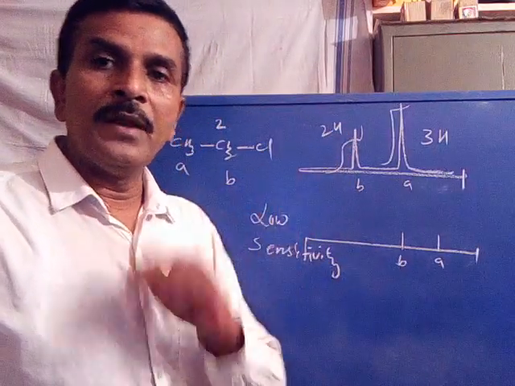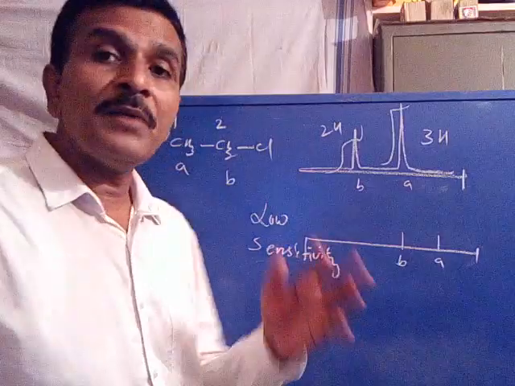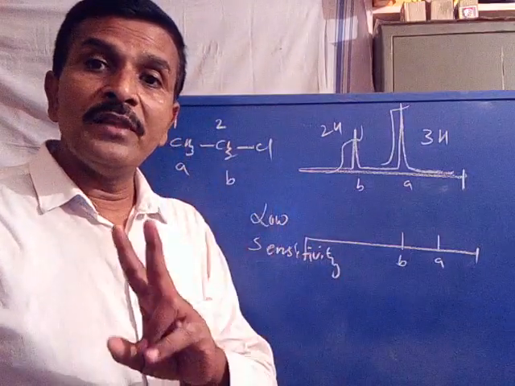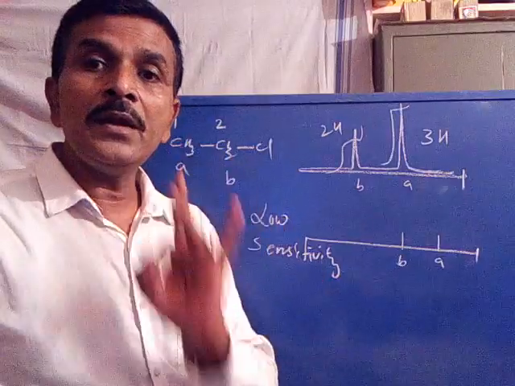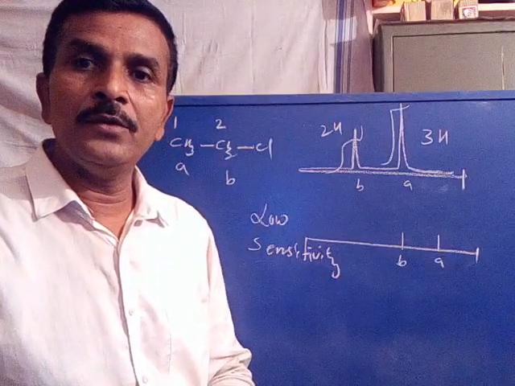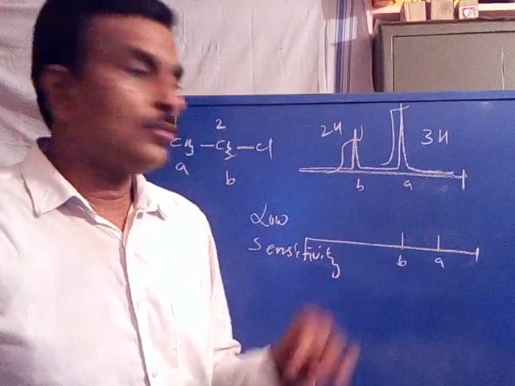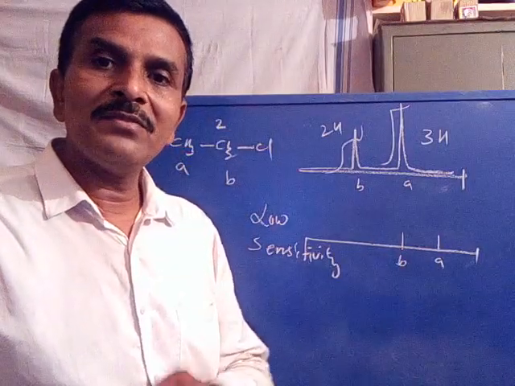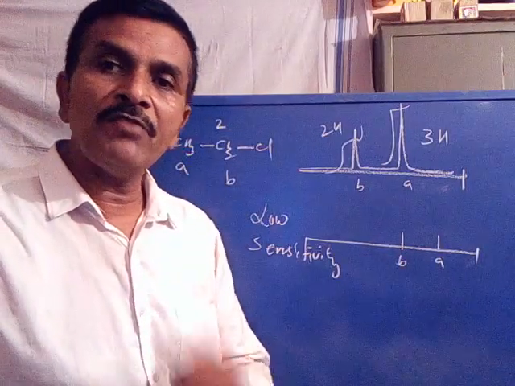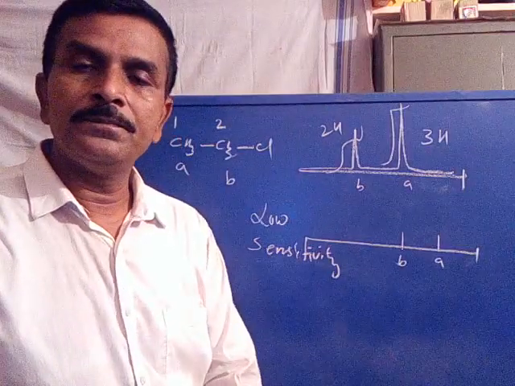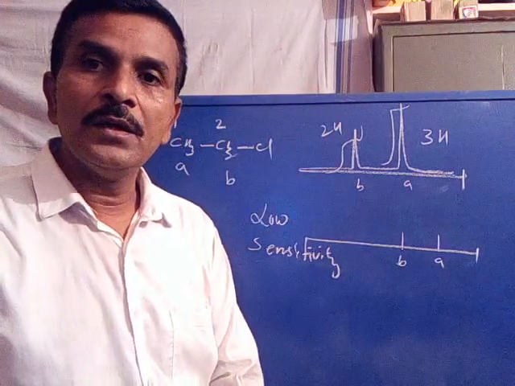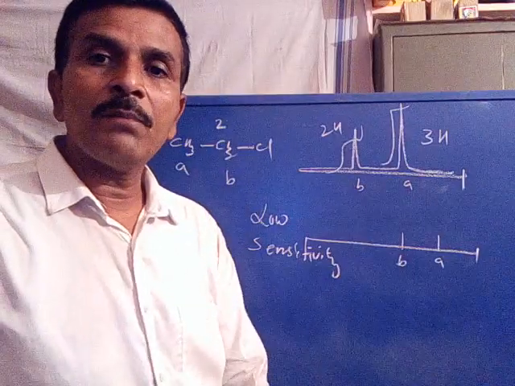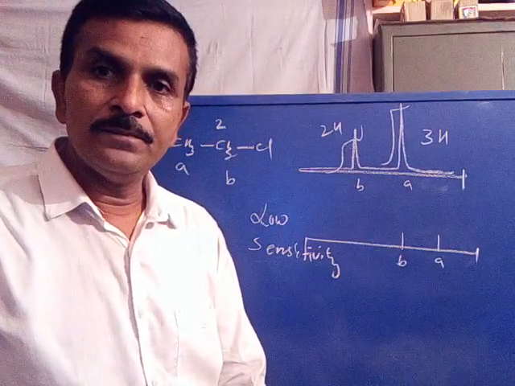Now coming to carbon, where the sensitivity towards NMR is very low due to two reasons: low natural abundance and low gyromagnetic ratio, gamma value. So with that low sensitivity, small lines, less sensitive signals appear from each and every carbon. Because of low sensitivity, integration of carbon signals becomes not possible.